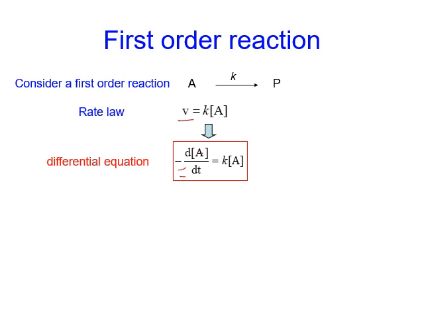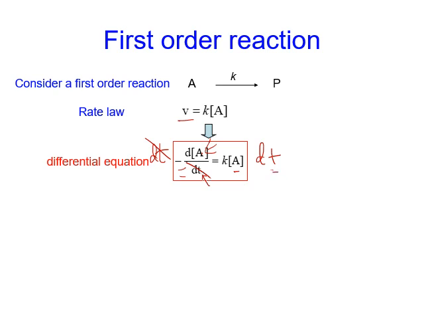Notice that the left side has two variables. Concentration is a variable, time is also a variable. In order to integrate a differential equation, we must separate these two variables so that each side only has one variable. To do that, we multiply by dt on both sides, so that dt cancels on the left side. The left side only has A, but the right side still has two variables, A and t.